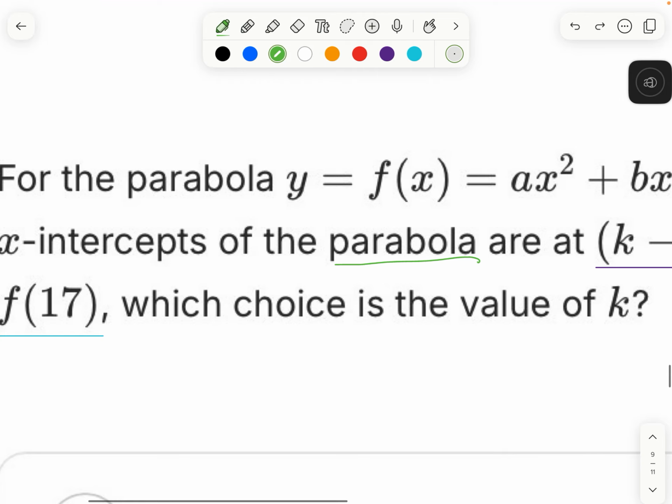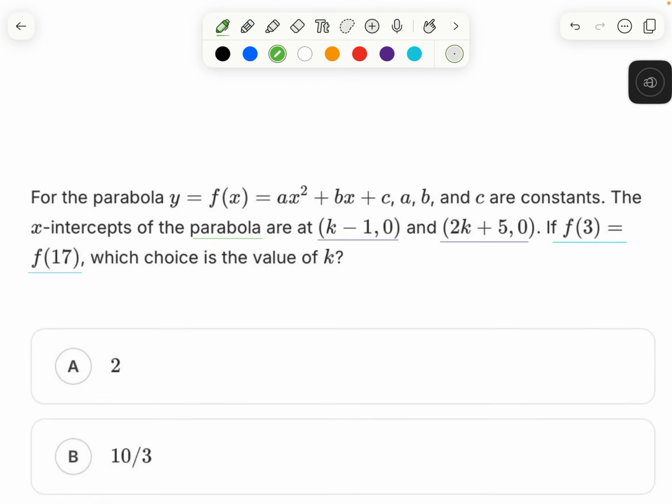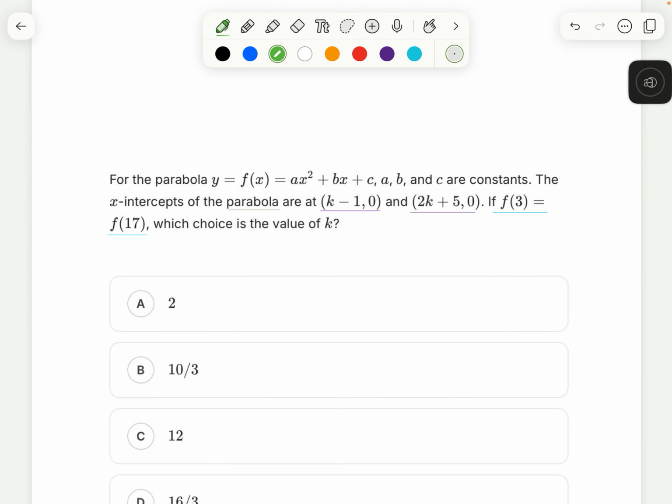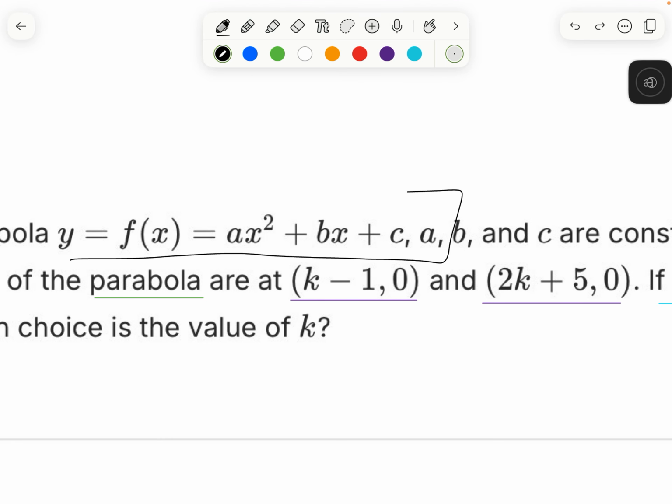So right away, what I would do is focus more on the x-intercepts and this f of 3 equals f of 17 part, and focus less on the actual function itself.